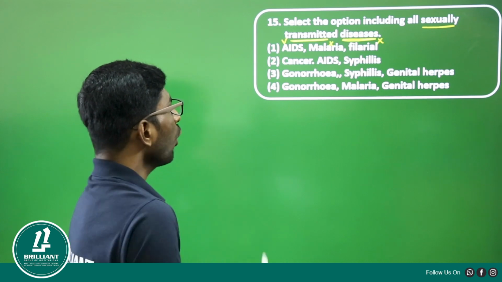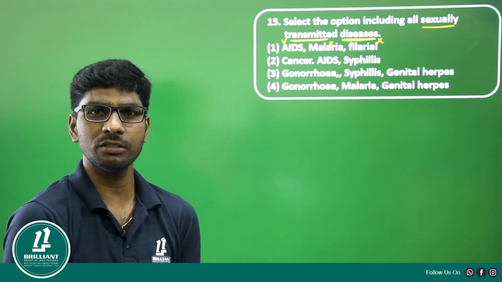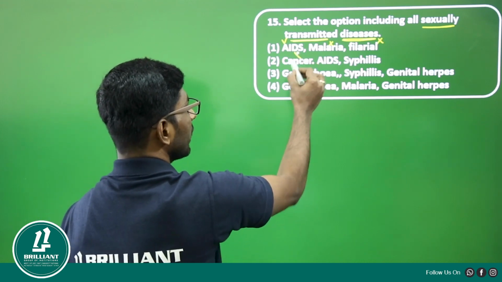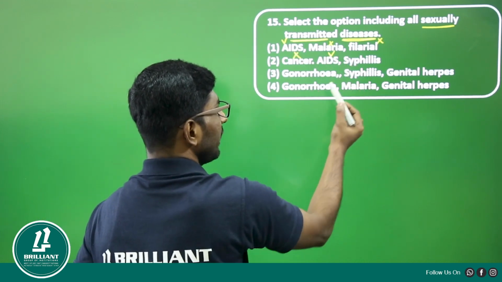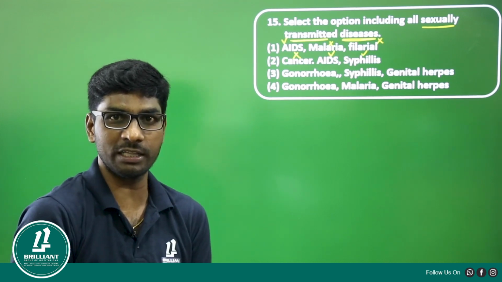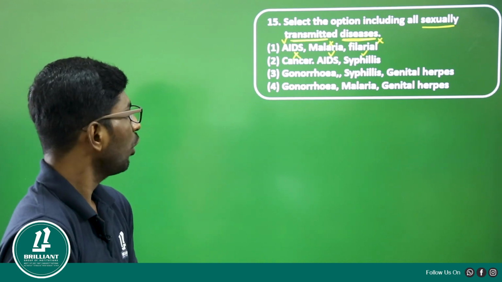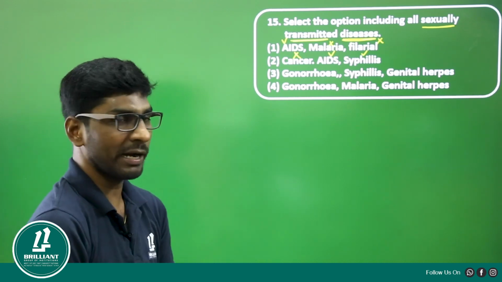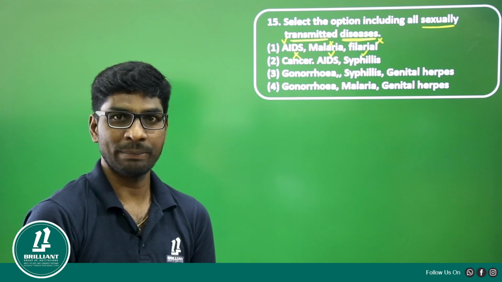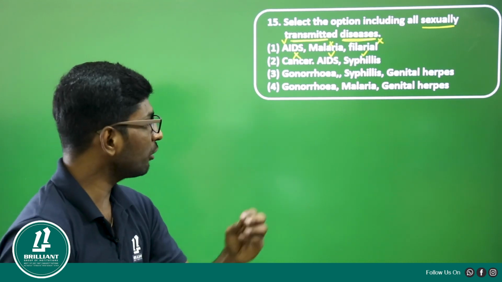Fine. Option 2, cancer. Is cancer a sexually transmitted disease? No. So this is not an STD. AIDS is an STD. Syphilis also an STD. Syphilis and gonorrhea, we already learned in the reproductive health chapter, right? So option 2, ignore. Option 3, gonorrhea. Neisseria gonorrhoeae. Yes or no? Next, syphilis. And also what?